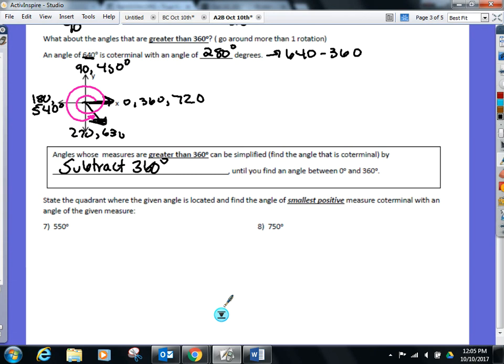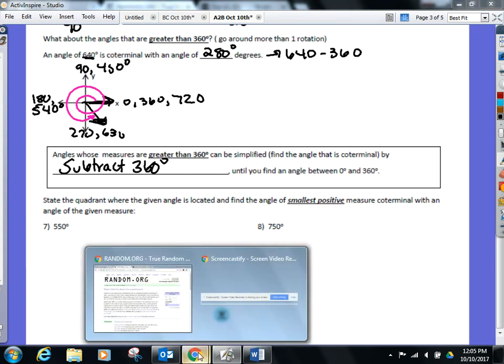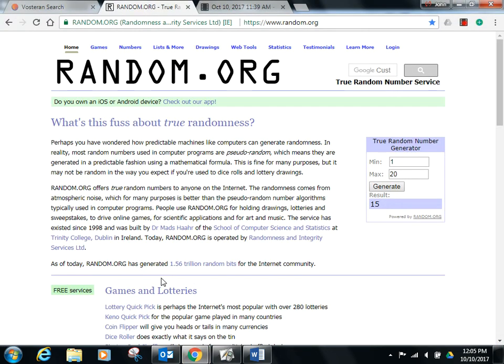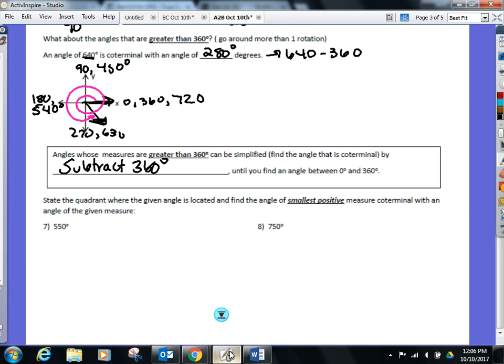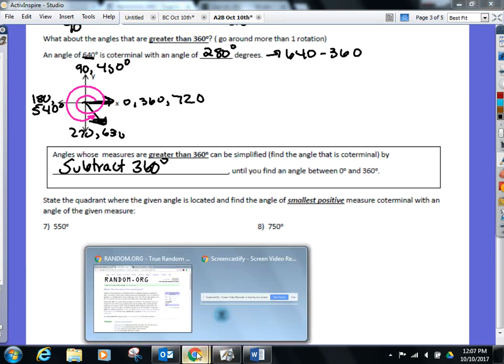So there are two angles down there, 550 and 750. You do not need to draw it, but I do need you to state the quadrant. All right, state the quadrant and tell me the smallest positive angle coterminal to it. Go ahead. 550.